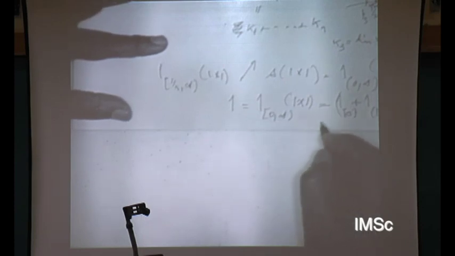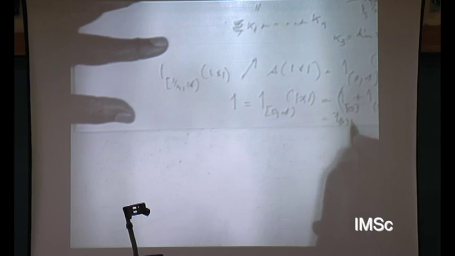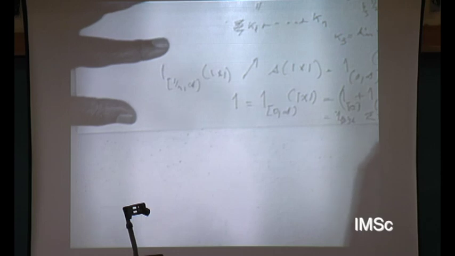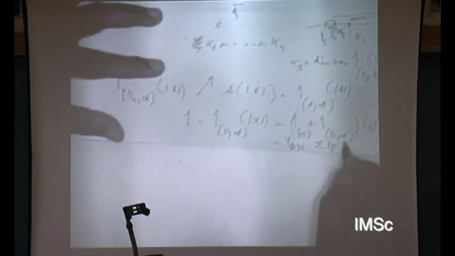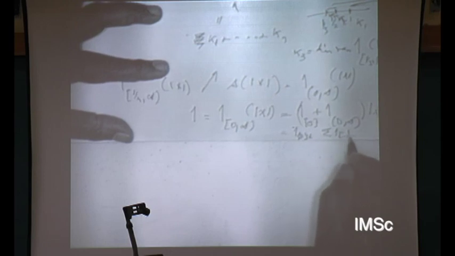This I can write as the indicator of 0 plus the summation of the indicators of 1 by n to 1 by n minus 1.